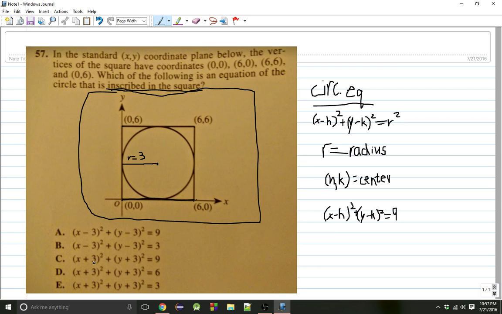So right off the bat, we can eliminate b, d, and e because those don't have 9 in the problem.